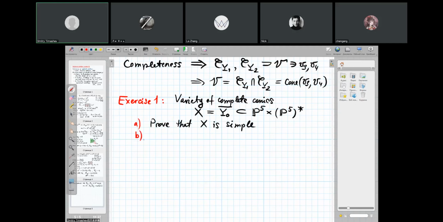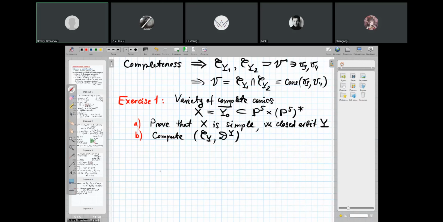Denote the closed orbit by Y. And the second part is to compute the colored cone of this closed orbit, the colored cone of this simple spherical variety.